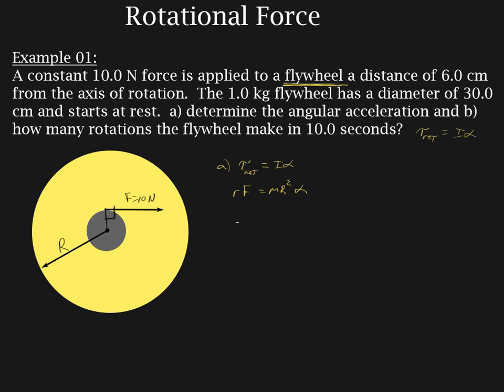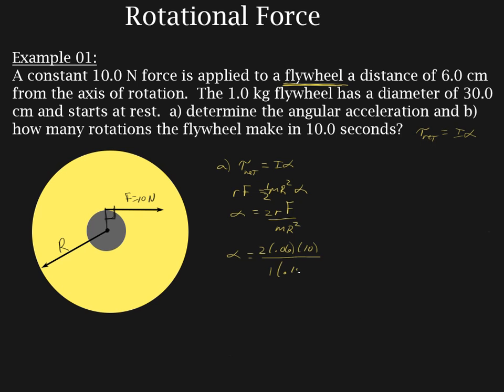Okay, so solving for alpha, forgot my 1/2 here. So solving for alpha, we get 2 r times F over m R squared. So alpha becomes 2 times 0.06 times 10 newtons divided by the mass of the disk, which is 1, and the radius of the disk is going to be not 30 centimeters but 15 centimeters.